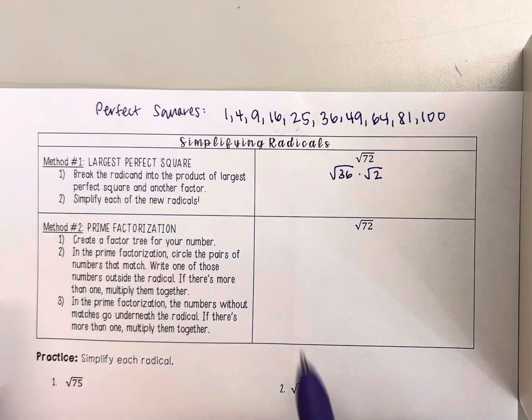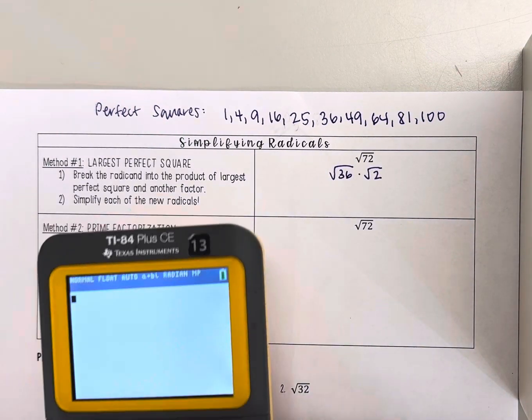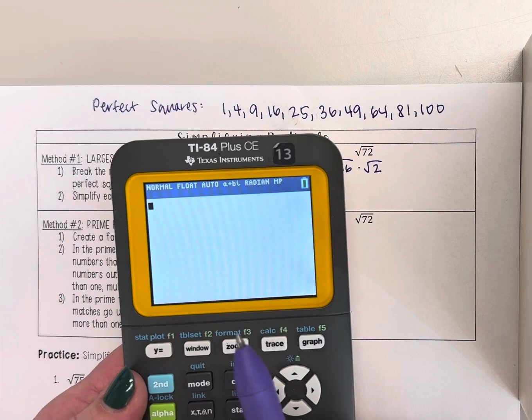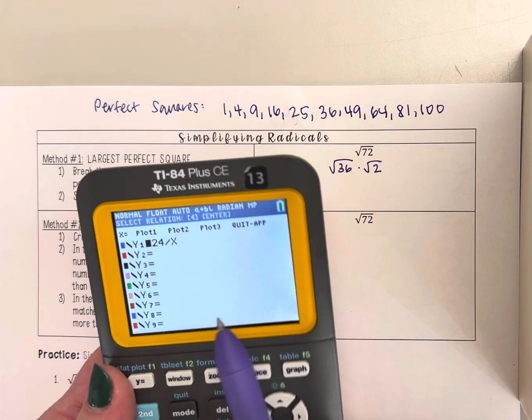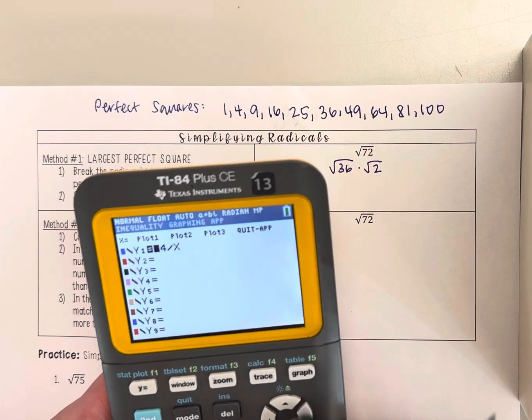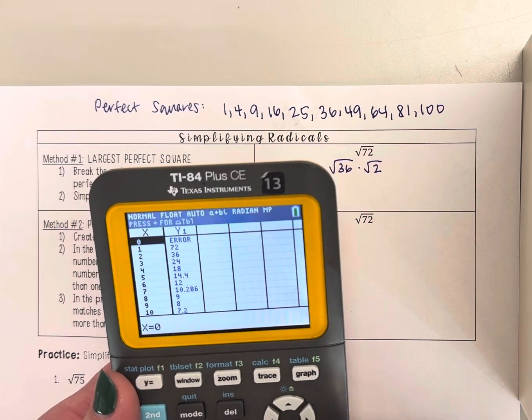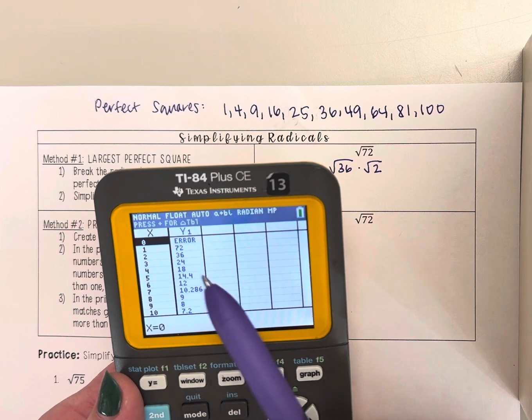Now, if you're like, I'm not going to know what number goes into 72, you can go to your calculator, go to y equals, type in your number, 72, divided by x. When you do that, go to the table, and then you can look through the options.